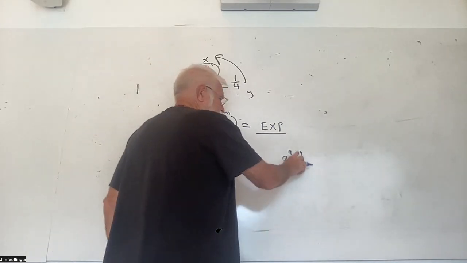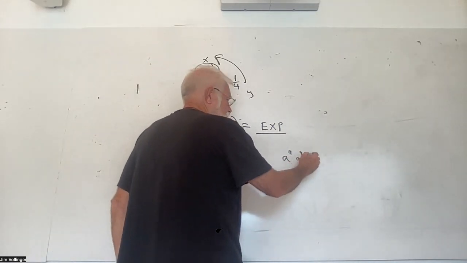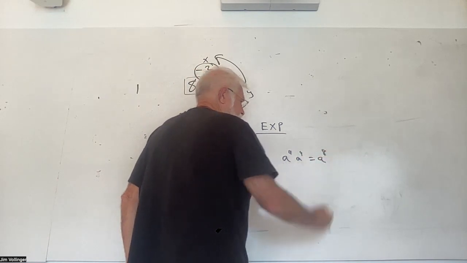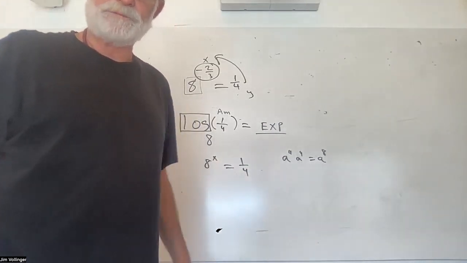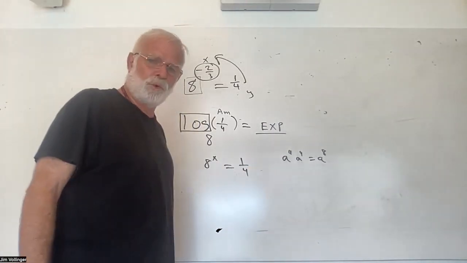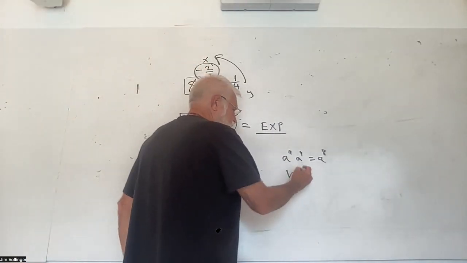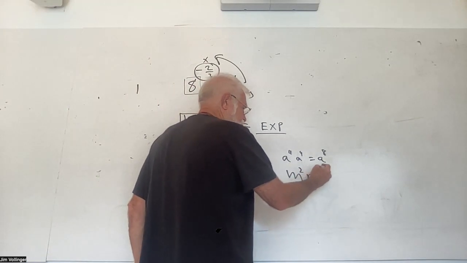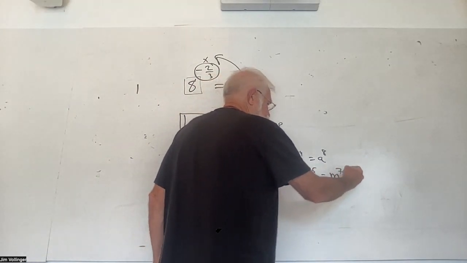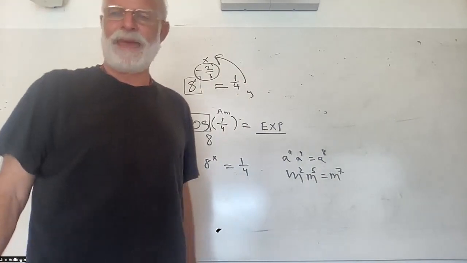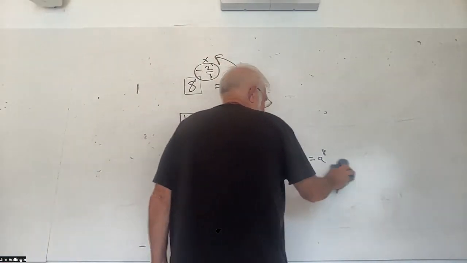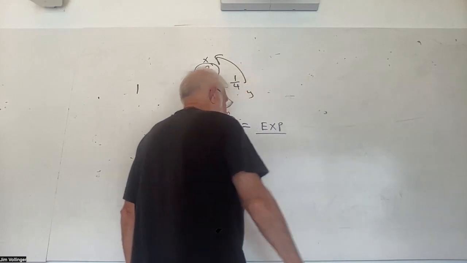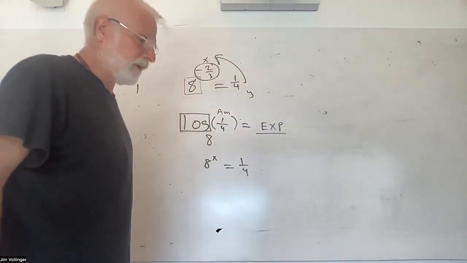If I had a to the 4 times a to the 4, that's actually a to the 8. And Tiffany made a nice worksheet for us. You go look at it. That's probably on there somewhere. This rule, right? m squared times m to the 5th is m to the 7th, and I think she showed why. So get that, pack it out. And if you didn't get the pack, it means you don't have it, which means you probably didn't pick it up and ask for it.